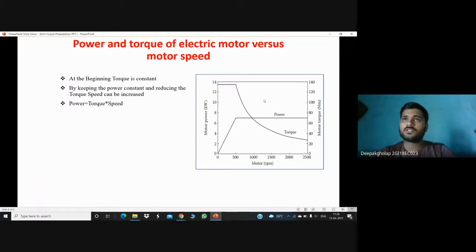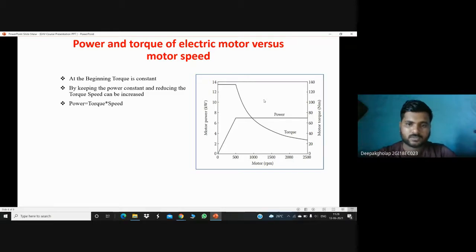As the vehicle increases its speed, the power increases and becomes constant. After that, when the power becomes constant, the torque starts decreasing. The power remains constant all the time, and the torque reduces as the speed of the motor increases. As we know the equation, power is equal to torque into speed. And here they have shown the characteristics.